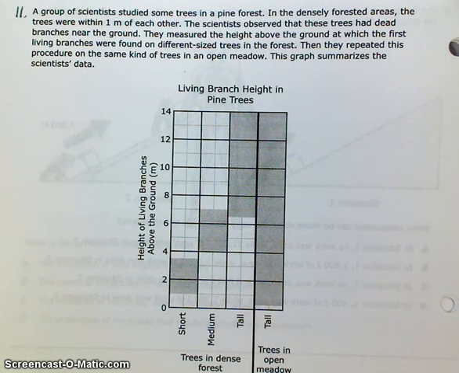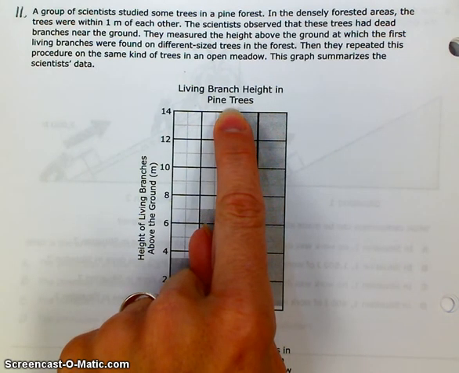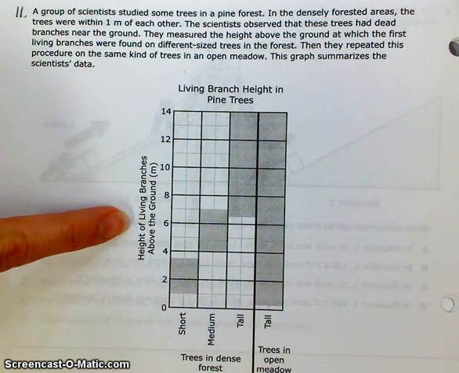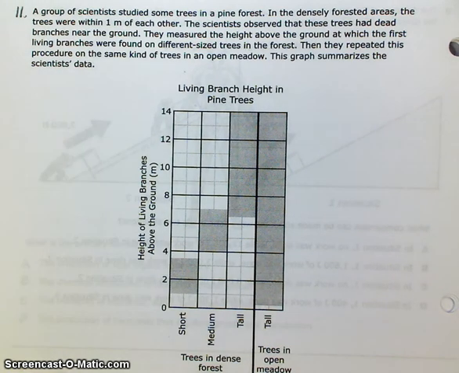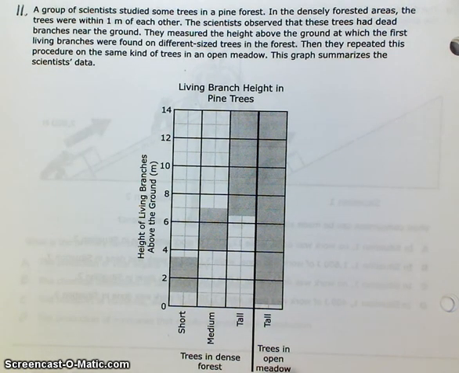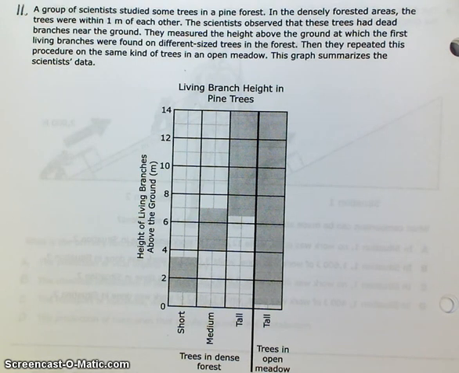Then they repeated this procedure on the same kind of trees in an open meadow. This graph summarizes the scientists' data: living branch height in pine trees, height of living branches above the ground in meters, trees in dense forests, trees in open meadows.